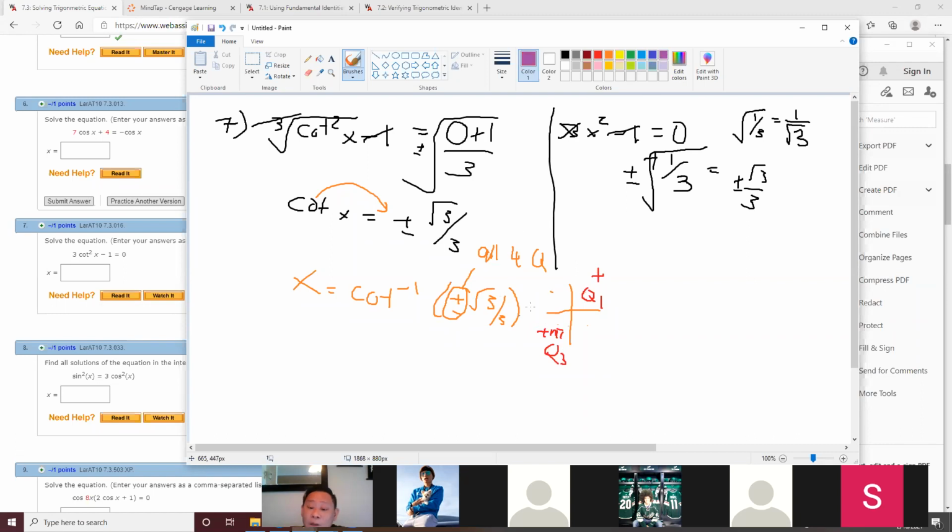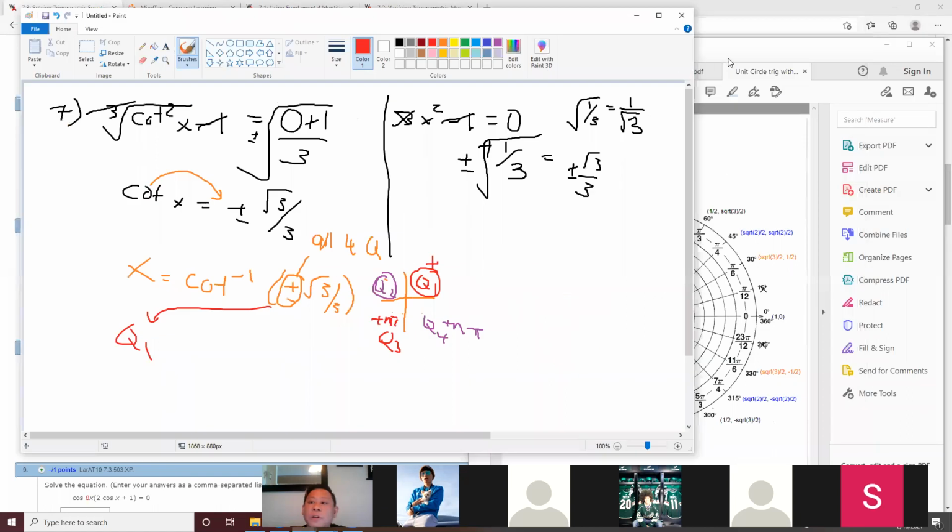The negative one we know is quadrant 2 and quadrant 4, right? So once you find out what the quadrant 2 answer is, if you add n pi, it will bounce to quadrant 4. So your answer in this case has to be in quadrant 1 and quadrant 2. Quadrant 1 is for positive, quadrant 2 is for negative. So let's figure out quadrant 1 first. So how do we figure it out?